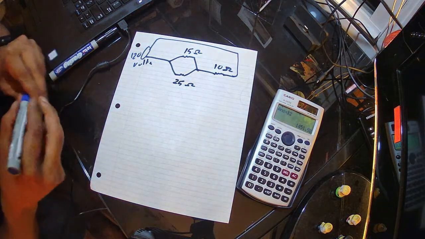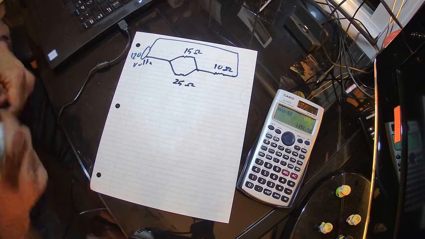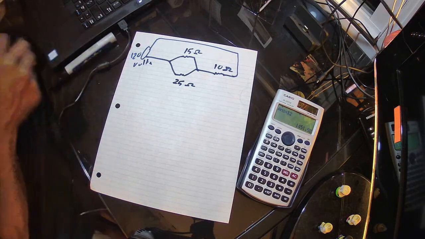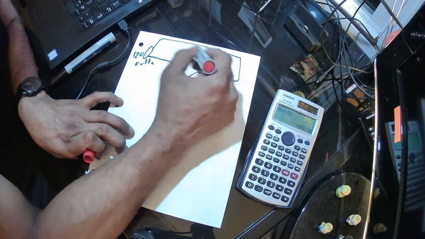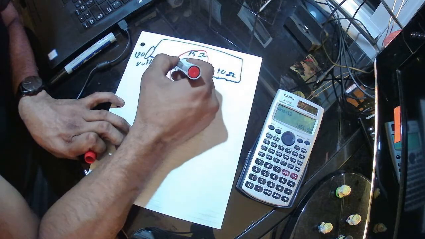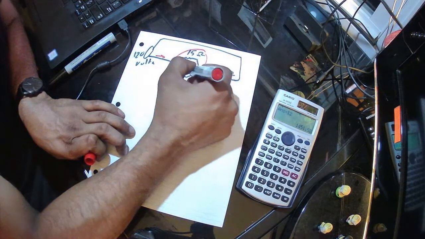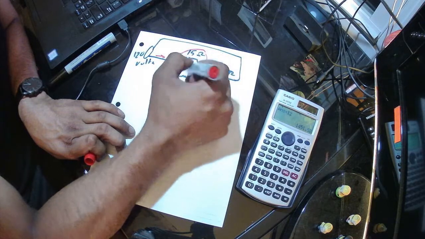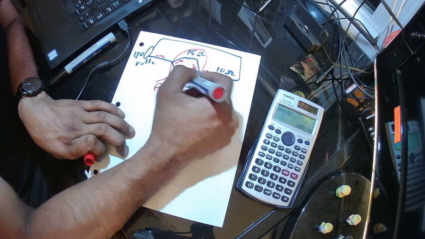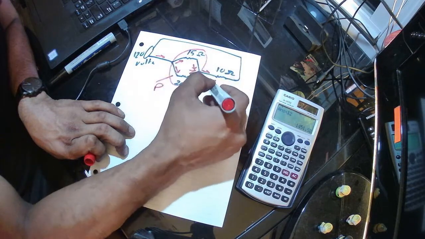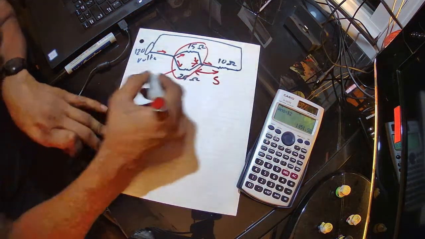I want to see how much this circuit is going to cost me to run for the month. Okay, so first of all, I would like to know what is in series and what is in parallel. So this is in parallel because the circuit is going this way and forking sideways, then coming back again. So this circuit and this combination of resistance and this one are in series.